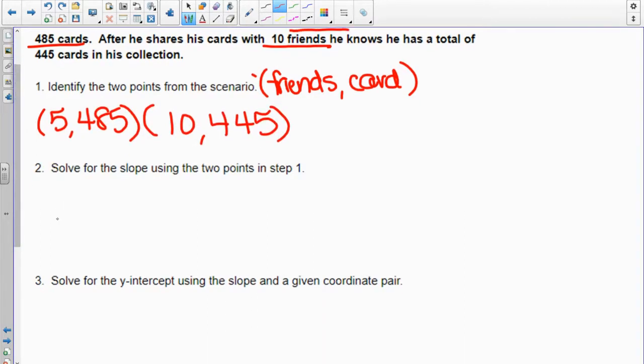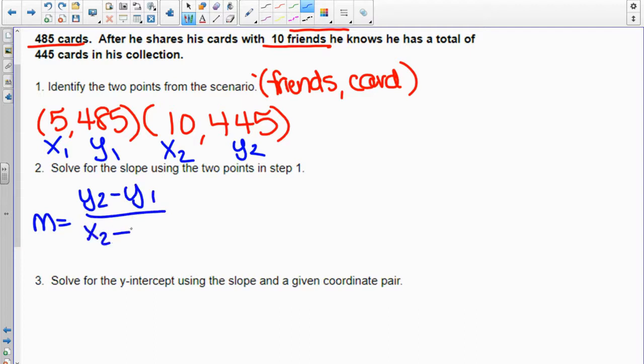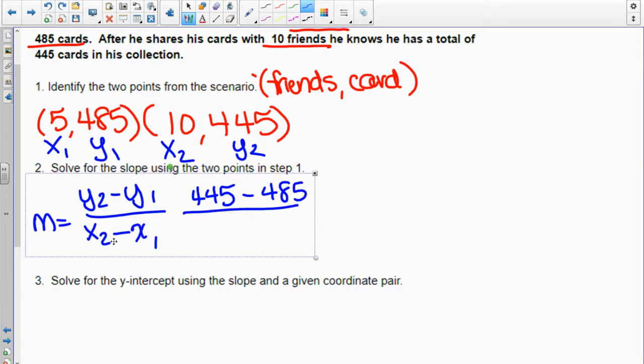So my slope is going to be, as we have done over and over here, I'll use that as set 1. This is going to be my set 2. So slope is y2 minus y1 over x2 minus x1. And y2 is 445. Y1 is 485. X2 is 10. X1 was 5 friends.